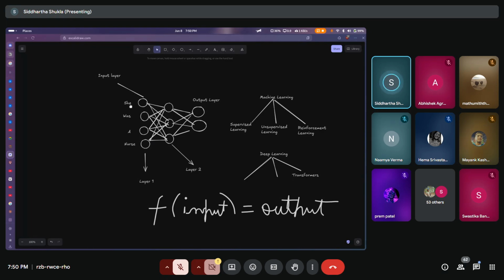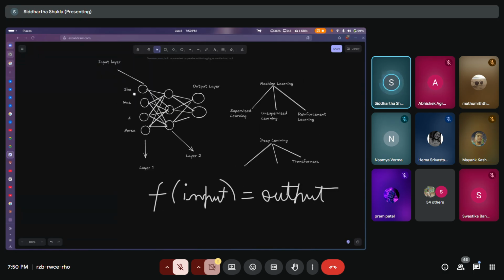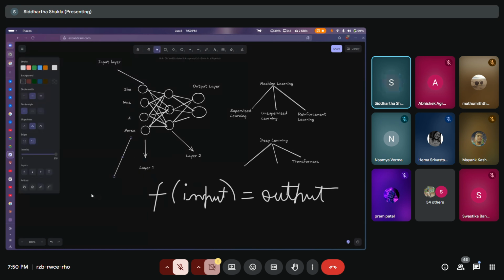This is where these traditional neural networks start failing. They cannot handle recurrence. They cannot handle inputs of varying lengths, right? These neural networks only work when we have a specified length.